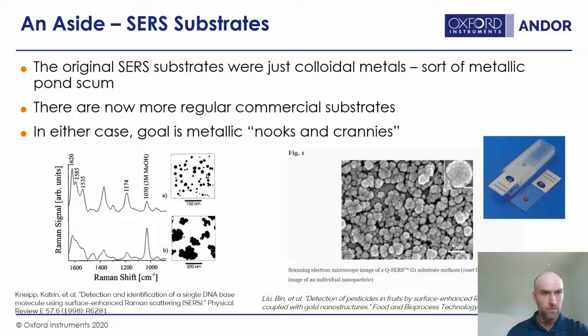Maybe nanoparticles, maybe microparticles, maybe clusters of nanoparticles. There are now more regular commercial substrates that you can still, it seems, buy online. And in either case, the goal is metallic nooks and crannies, which act possibly like a satellite dish to focus the electric field of light or something.